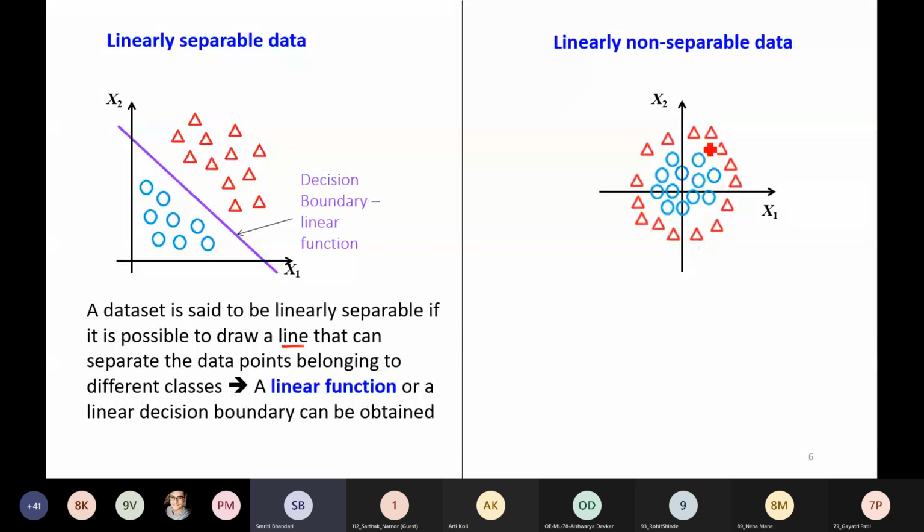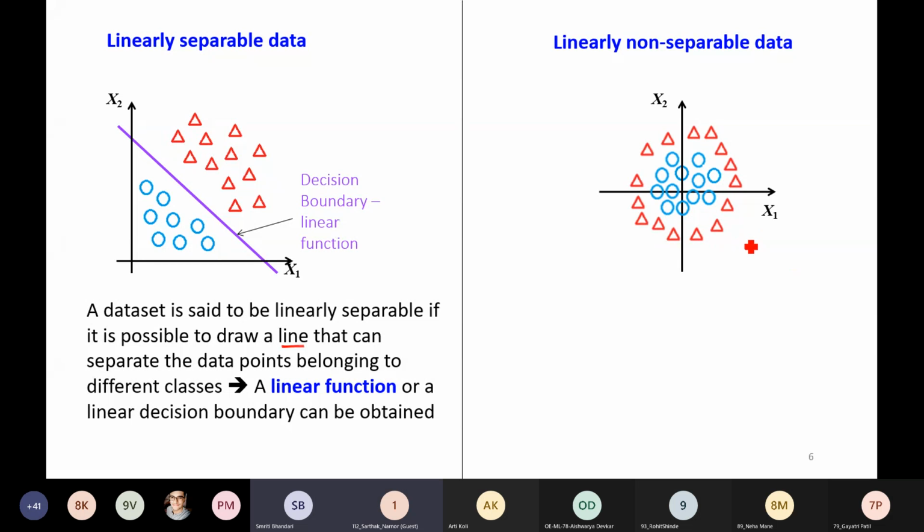But see how these samples are spread in this space. Now, if I want to classify these samples into two classes, say circle and triangle, it may not be possible for me to come up with a linear function or a line. Do you agree with me? Yes?